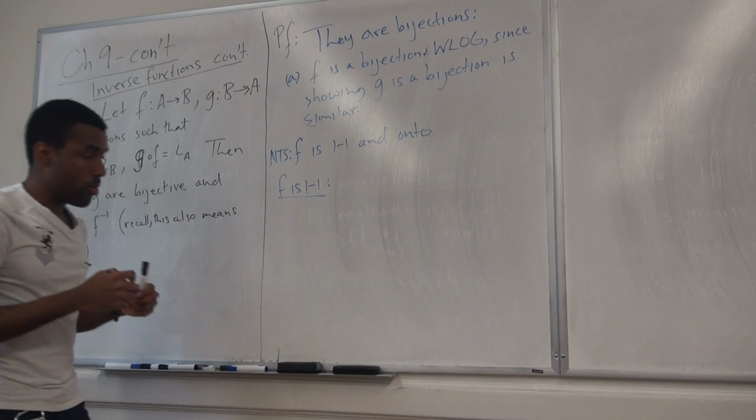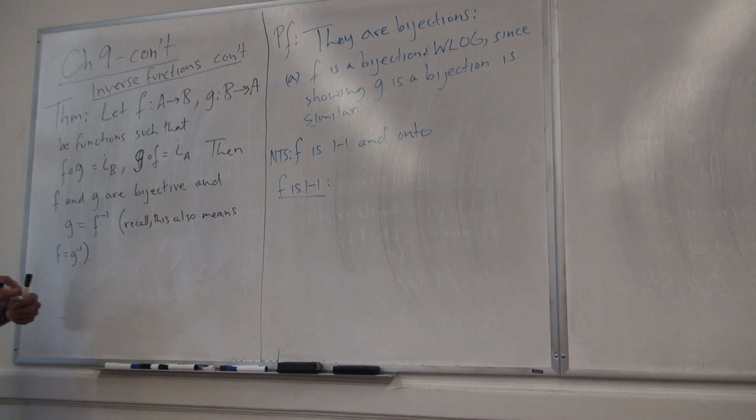How do we know F is one-to-one? Suppose it's not one-to-one, then you can find two elements of A that map to the same element in B, and therefore trying to reverse that would not be a function, since you have one element that tries to map to two separate elements.